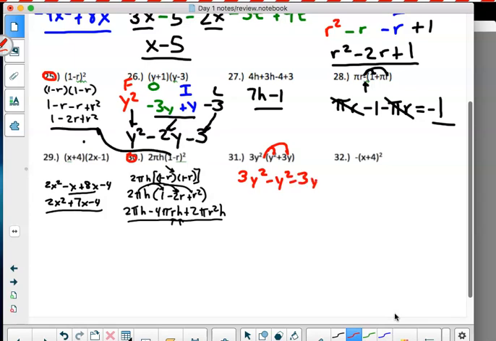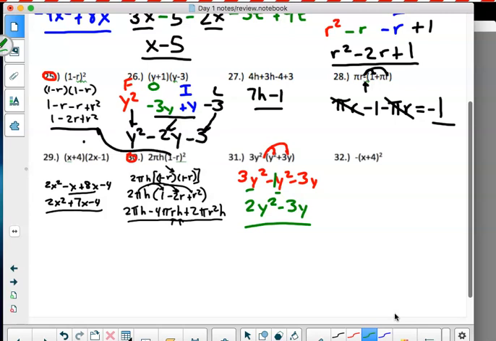Now keep in mind that to simplify, in order for me to combine things together, I have to have the same base, letter, and power. So these two can be combined together. This one can't, this negative 3y cannot because it doesn't have the same power. So now I can look at it as 3 minus 1, because there's a 1 out front here. And so that's 2y squared minus 3y.